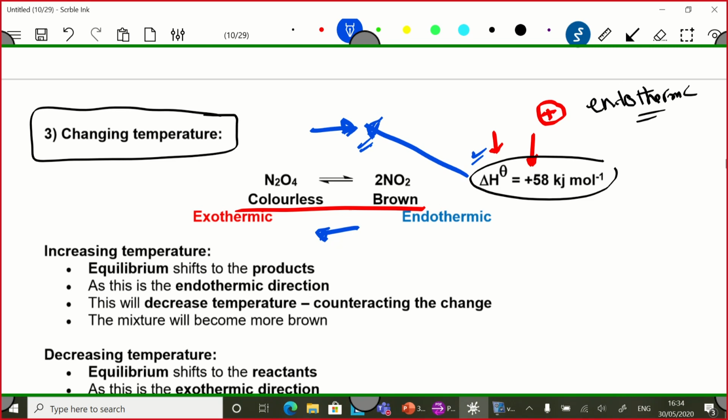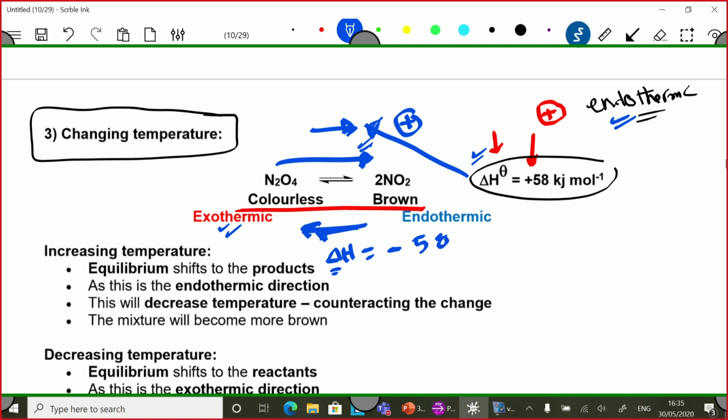The backward reaction is going to have exactly the same delta H, but with the opposite sign. So this reaction here has a delta H of positive 58. The backward reaction is going to have the same delta H but with a negative sign. So the forward reaction in this case is endothermic, and the backward reaction is exothermic.